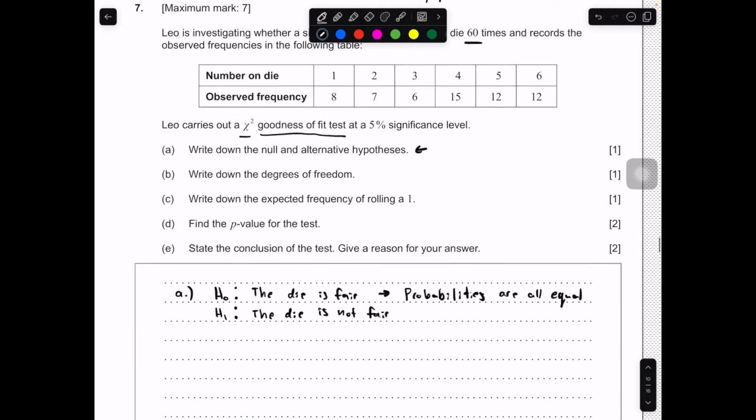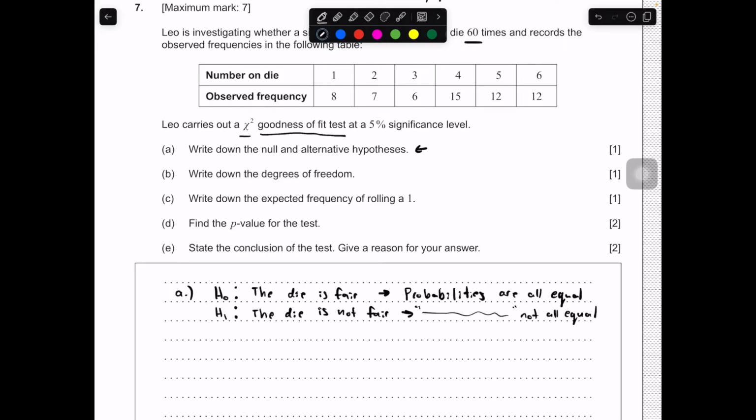So the null hypothesis, if the die is fair, is that the probabilities are all equal. If the die is not fair, then the probabilities are not all equal. So we could write probabilities are not all equal. And on the actual test, of course, write this out.